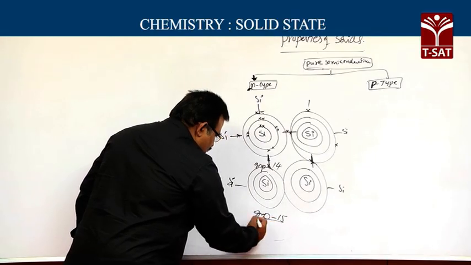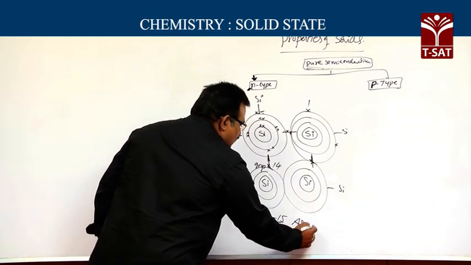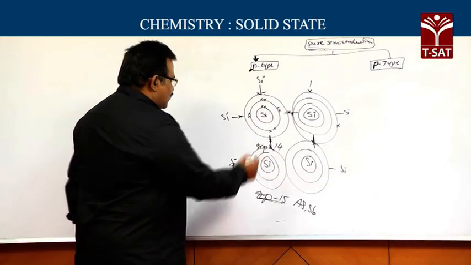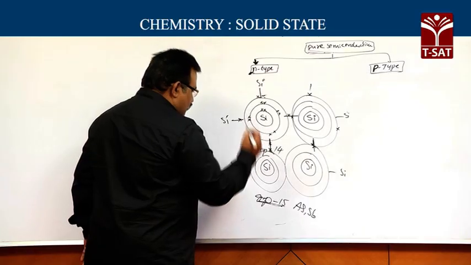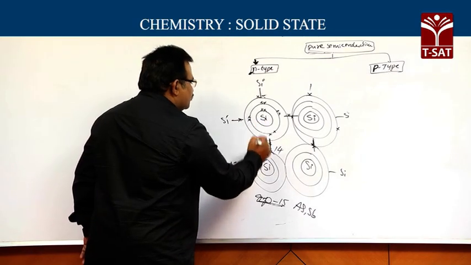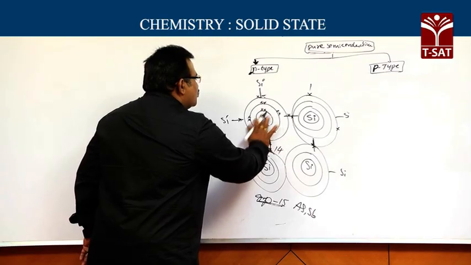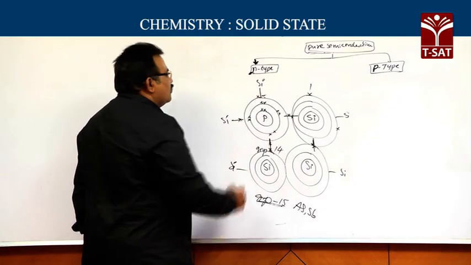Group 15 elements like arsenic, antimony are introduced at one of the places of a silicon atom. Suppose here a group 15 element like P is introduced instead of silicon.